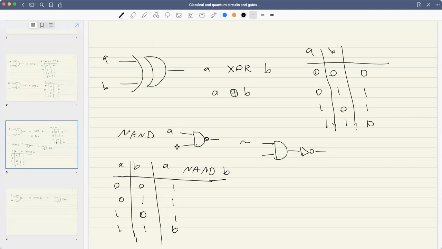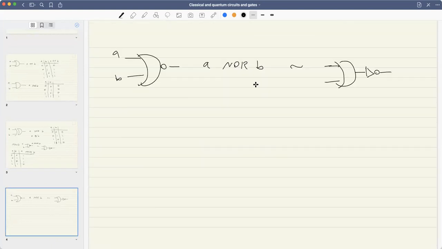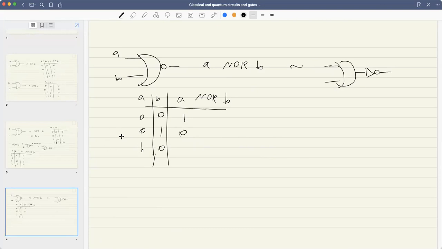So we're saying A and B come in, and the output is A NOR B. So what is the truth table here? Well, A, B. So if I have 0,0, OR gives me 0, this should give me 1. If I have 0,1, OR gives me 1, this is 0. 1,0, OR gives me 1. So with a NOT, this is 0, and 1,1 is again 0. Okay.